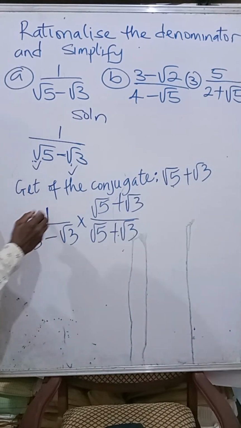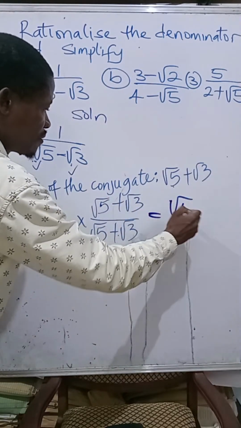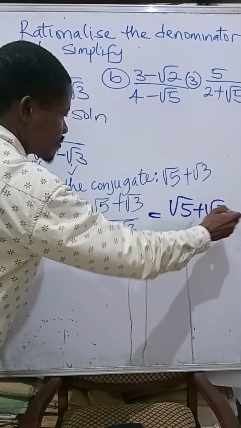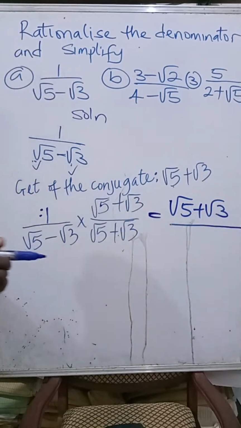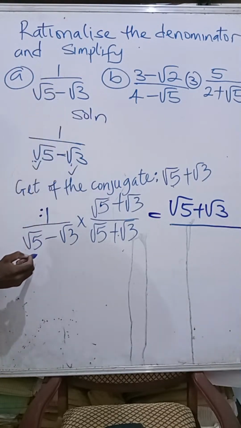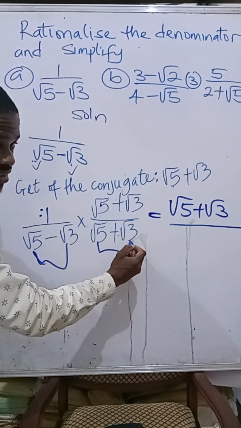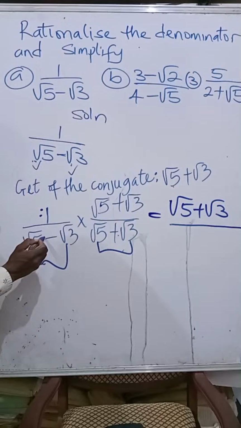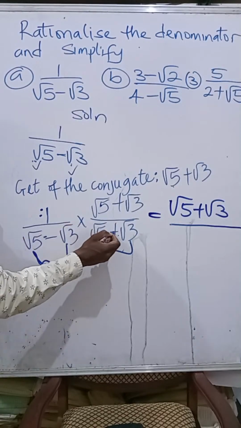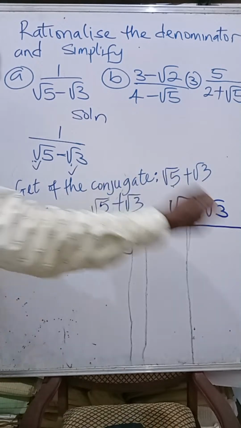1, the numerator, multiply together. So that will be root 5 plus root 3. Then the denominator, anytime you multiply the fraction by conjugates, you're going to have the same expression, but alternating sign, opposing sign. Minus here, plus here. So you don't need to waste time in expanding.